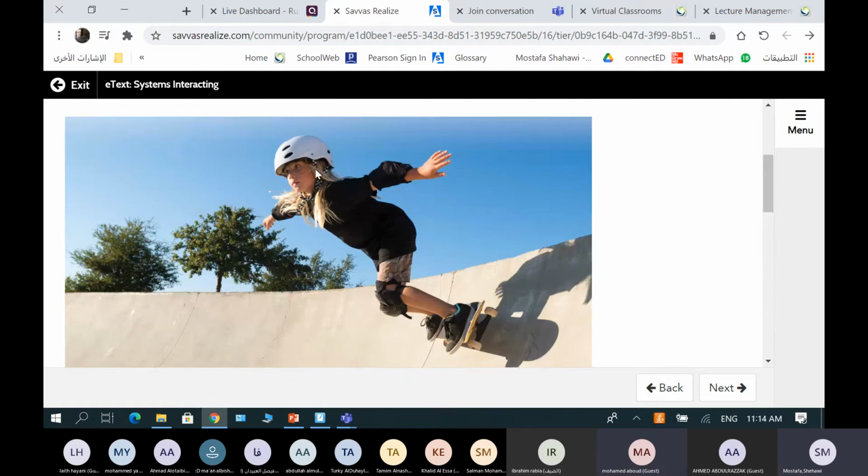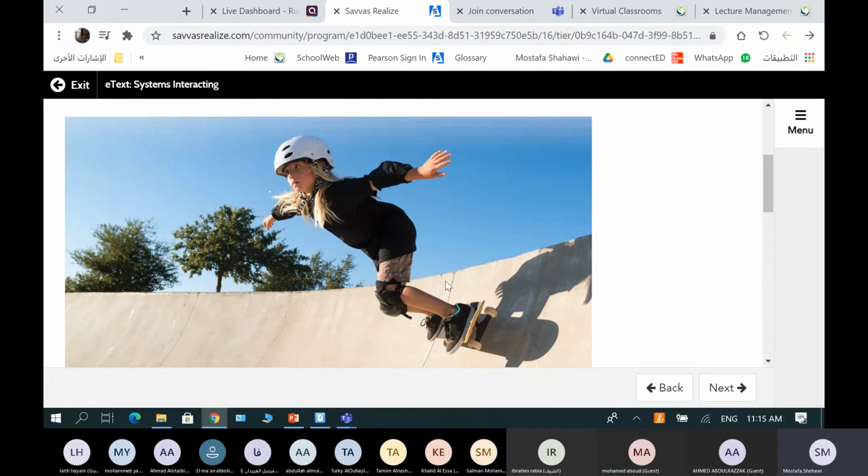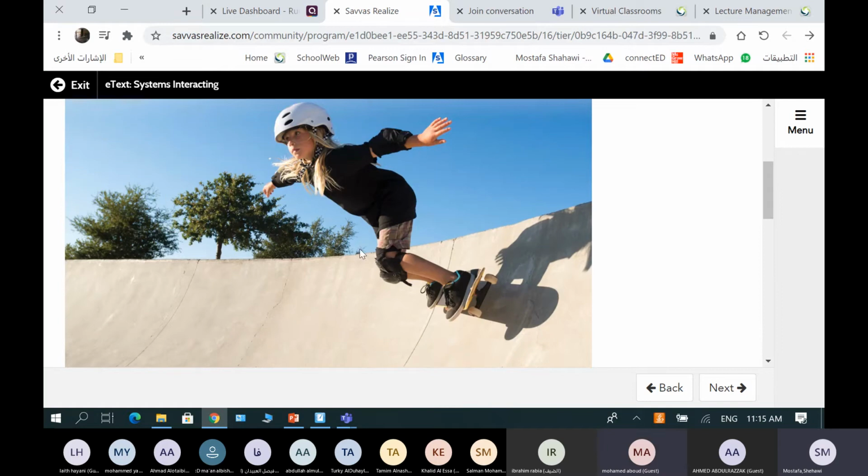Let's take the nervous system. It's working but not communicating with the muscular and skeletal systems. Would this activity still be possible? No. So to conduct any job, any function, all of your body systems must be functioning, guys.